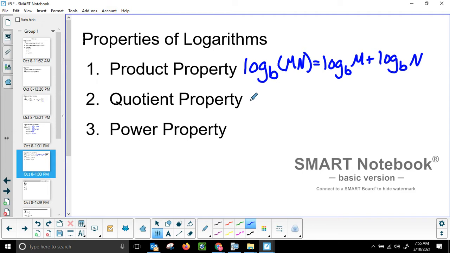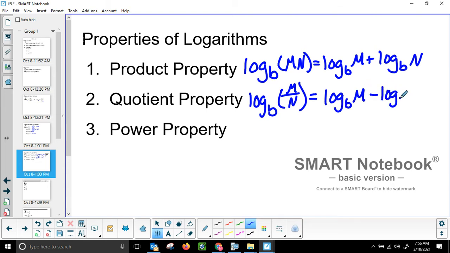The quotient property works the same way, but with division and subtraction. So if you have log base b of m divided by n, you can rewrite that as log base b of m minus log base b of n.